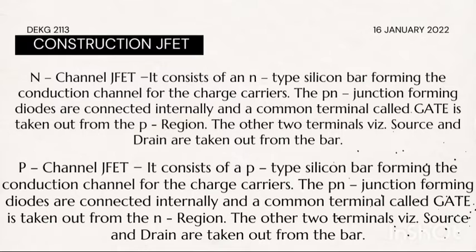Meanwhile, the P-channel JFET consists of a P-type silicon bar forming the conduction channel for the charge carriers. The PN junction forming diodes are connected internally and a common terminal called the gate is taken out from the N region. The other two terminals, source and drain, are taken out from the bar.